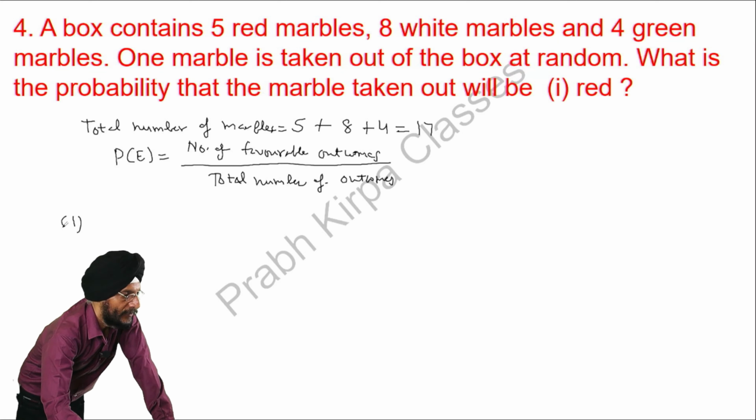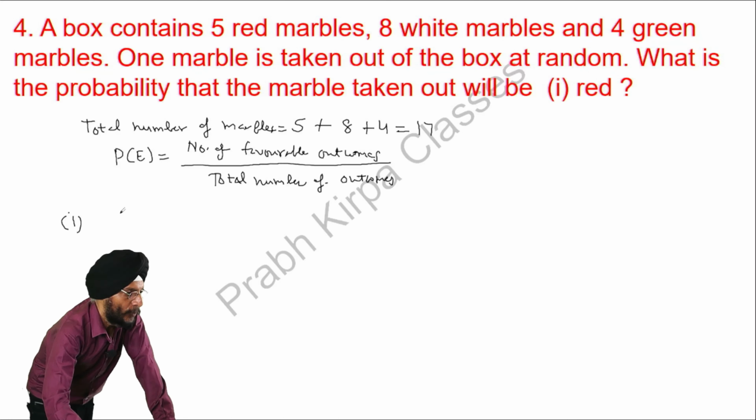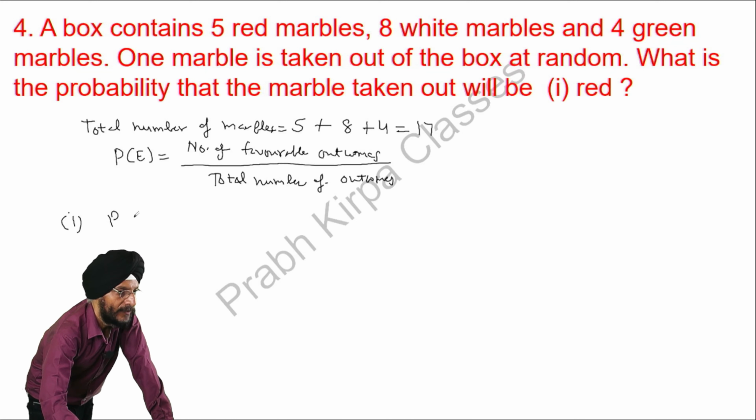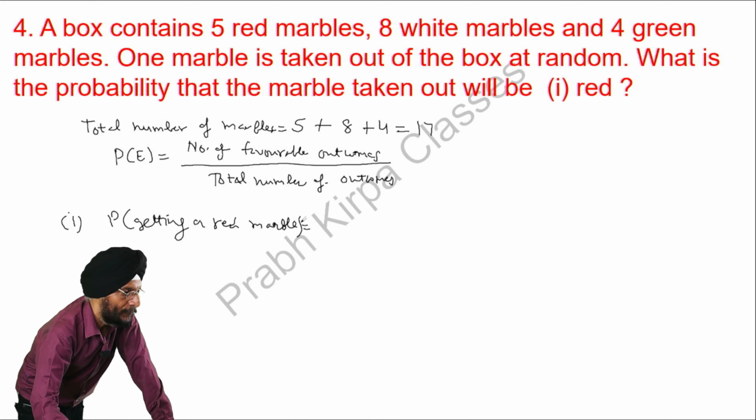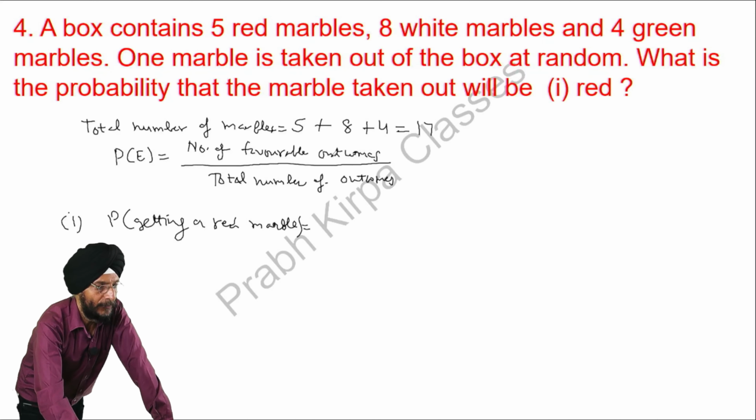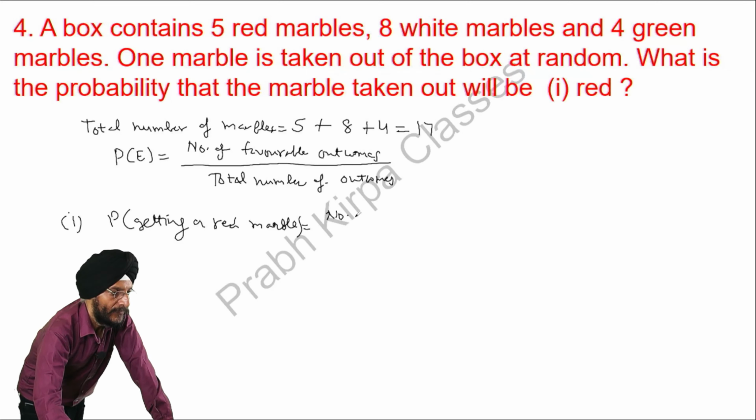So now we will first deal with the probability of getting the red marble. It will be equal to the number of favorable outcomes. Number of favorable outcomes means the number of red marbles.